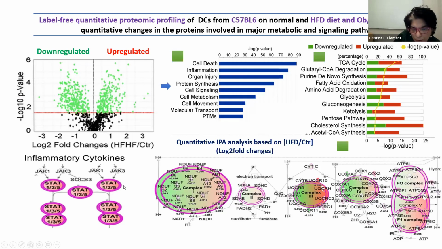Remarkably, the STAT pathway was upregulated at the level of the proteome in the high-fat, high-fructose and OB mice as compared with control.